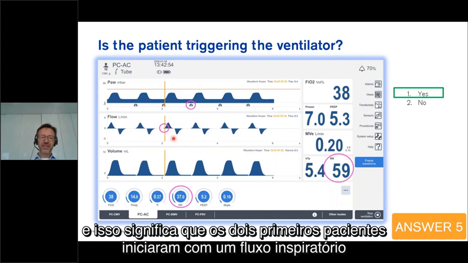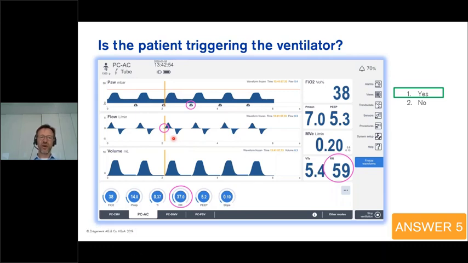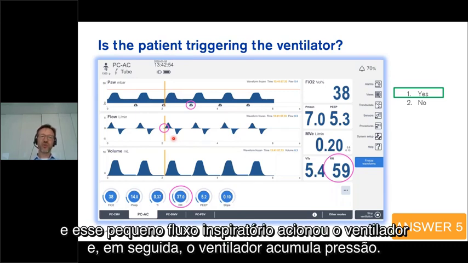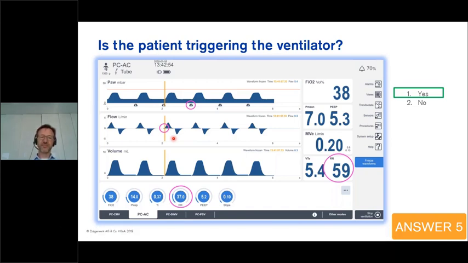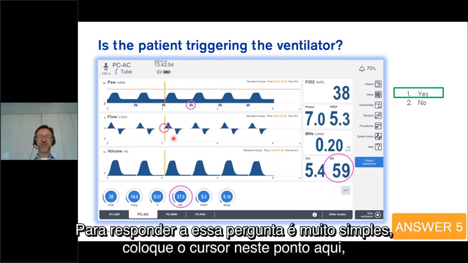That means that first the patient started with an inspiratory flow, and this small inspiratory flow has triggered the ventilator. Then the ventilator builds up pressure. So to answer this question is very simple.